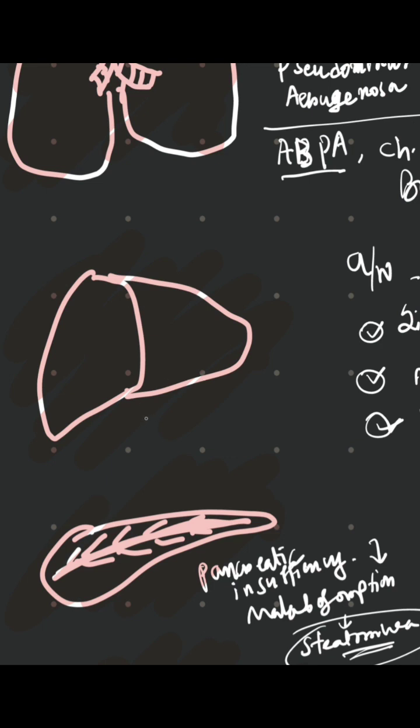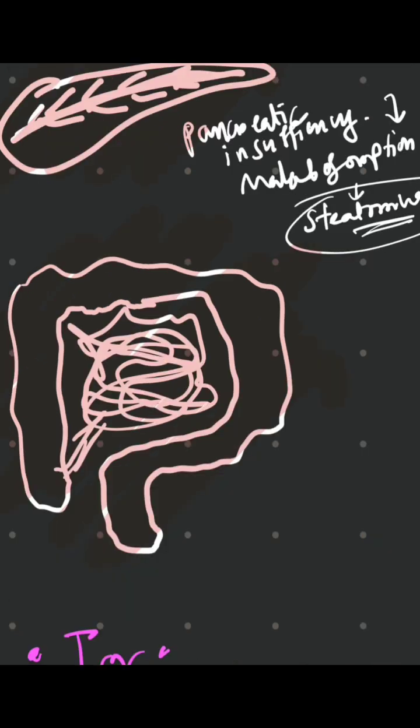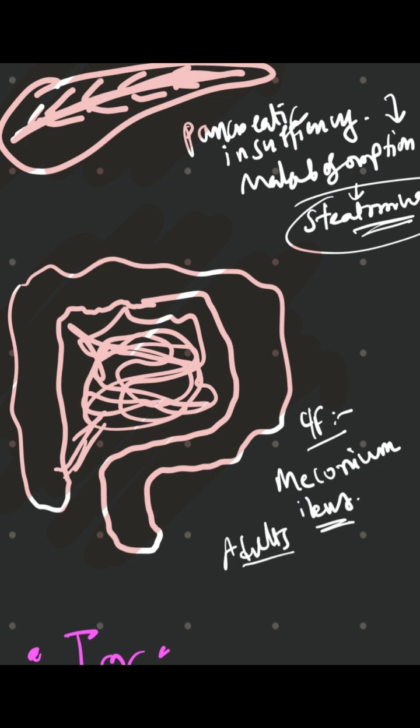In the liver, the patient might have biliary cirrhosis, and there might be other liver diseases associated with this condition. Also, in newborns, cystic fibrosis may cause complications like intestinal obstruction, like meconium ileus, and in adults it may rarely cause rectal prolapse.